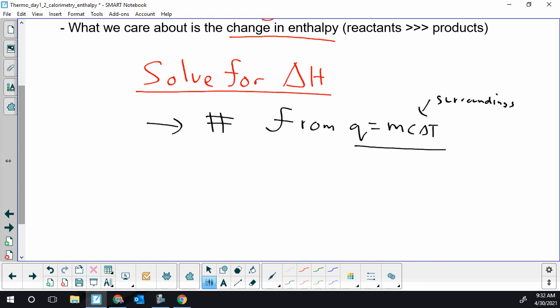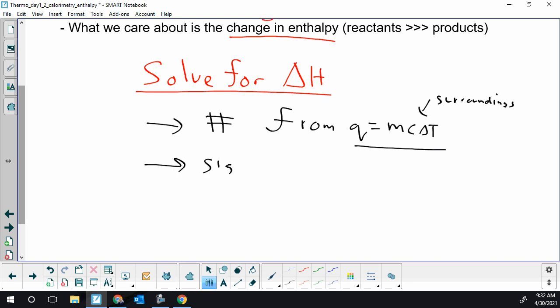And whatever value you calculate, we're going to assume we didn't lose any. Again, if we calculate 100 joules of energy went into the water from MC delta T, that must have come from the chemicals.